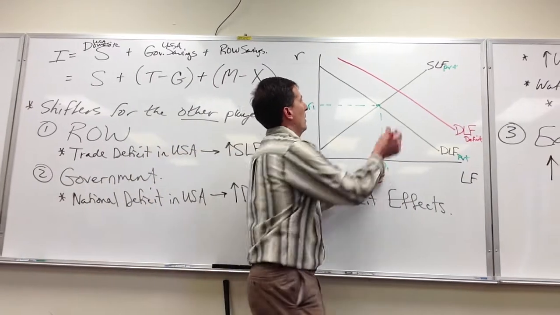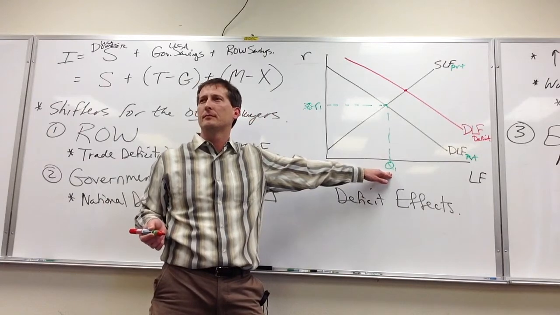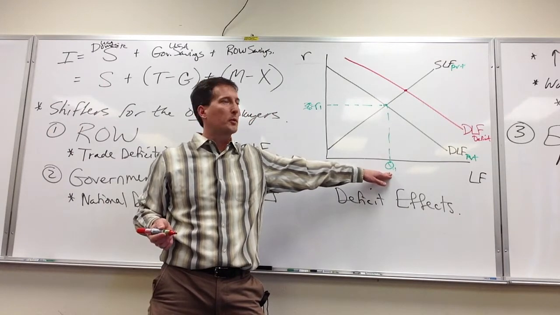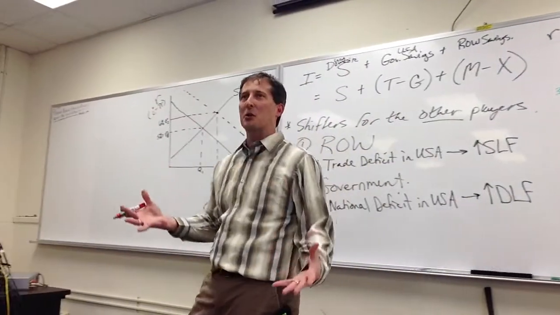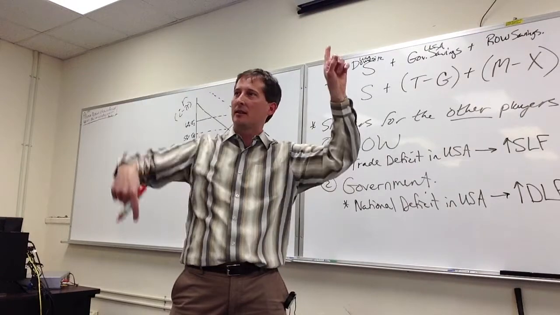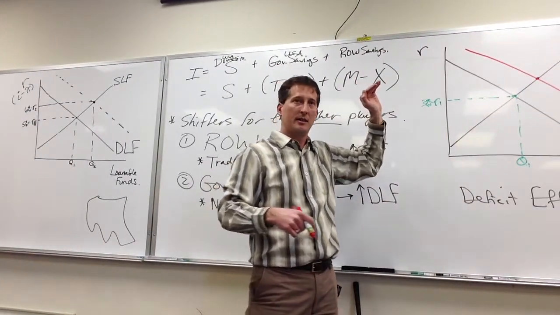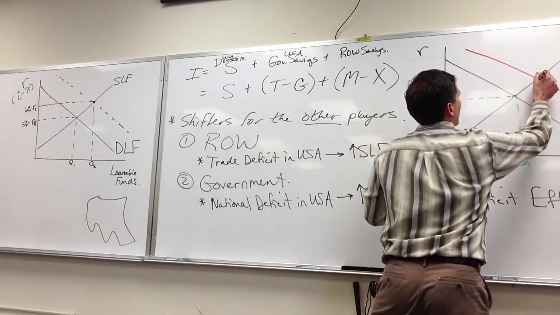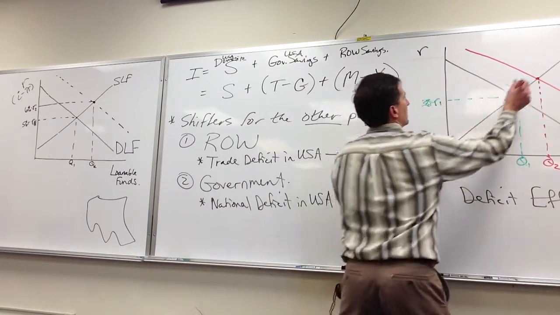All right, so what happens? What's your prediction from what we've done so far? Got to start using our tool. An increase or decrease in what? Increase in interest rates, good. And a quantity, okay. So quantity goes up to Q2.